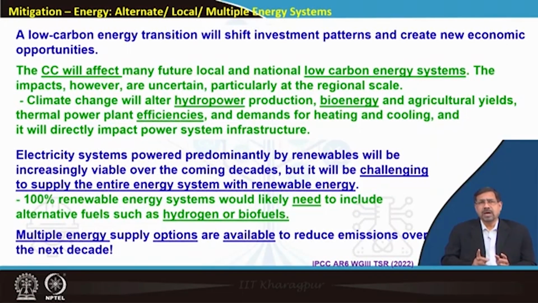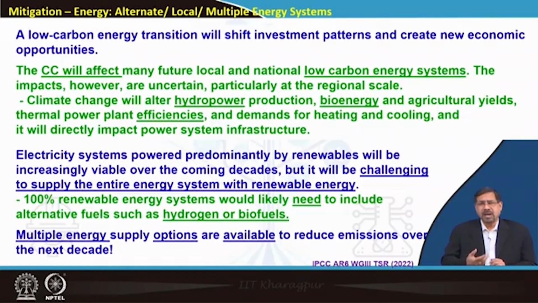So, what are they? The hydropower, because the moment there is alteration in the precipitation pattern, it will lead to alteration in the supply of water for hydropower generation. So, climate change is going to alter hydropower production in that sense.